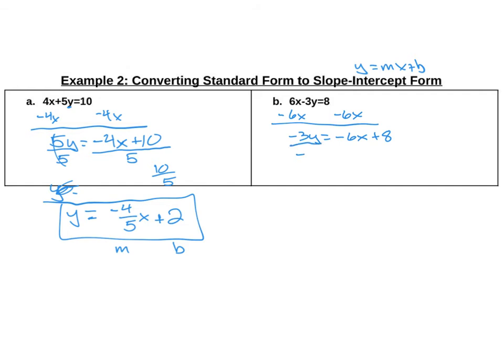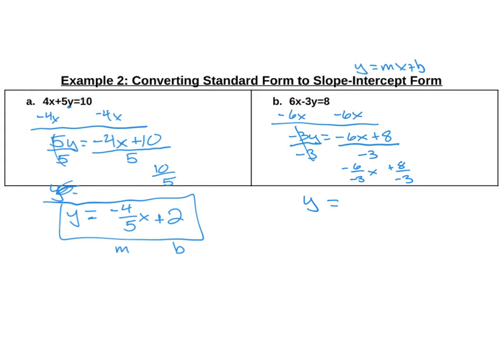But then we need to divide by a negative 3. So remember, when we simplify this side, that just becomes y. Now over here, what's really happening again is we are dividing negative 6 divided by negative 3, but we are also taking that plus 8 divided by negative 3. So always simplify where possible.